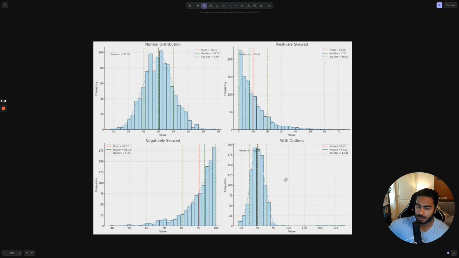It's a good example of income in developing countries, right? The majority of the wealth is owned by a few people, and then it goes down as we take into account more and more people. So that's a positively skewed distribution.